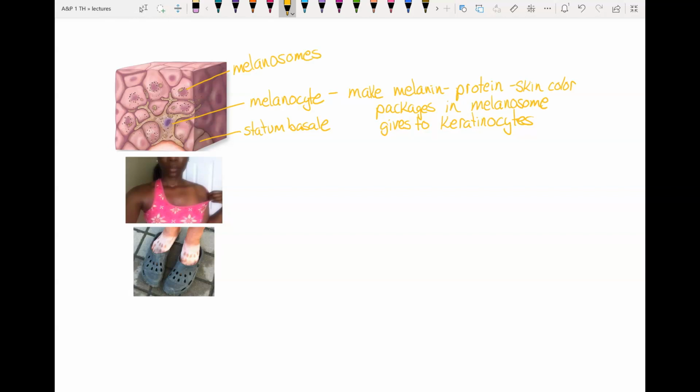And the function of melanin is to protect you from UV. So you probably are familiar with, if you go out and spend too much time in the sun, you can get a burn from that. That's the UV light that's in sunlight that can burn you. That's also what's in tanning beds, is UV light. So UV light is both good and bad for you.